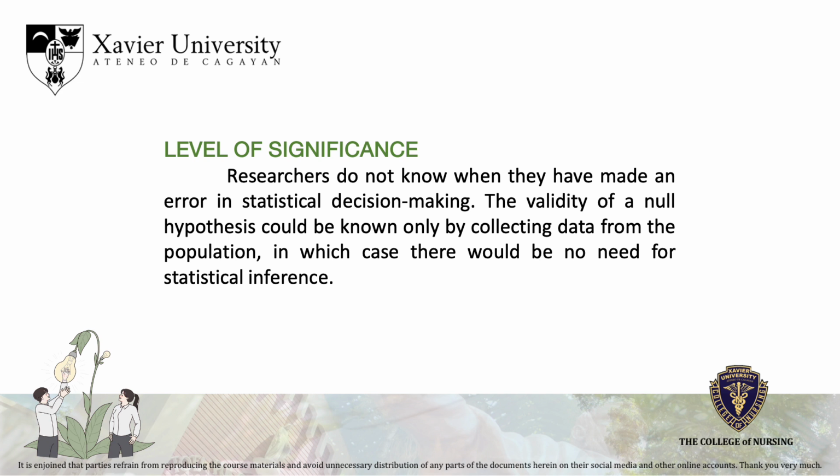That is, power equals 1 minus beta. The standard criterion for an acceptable risk for a type 2 error is 0.20. Thus, researchers ideally use a sample size that gives them a minimum power of 0.80.